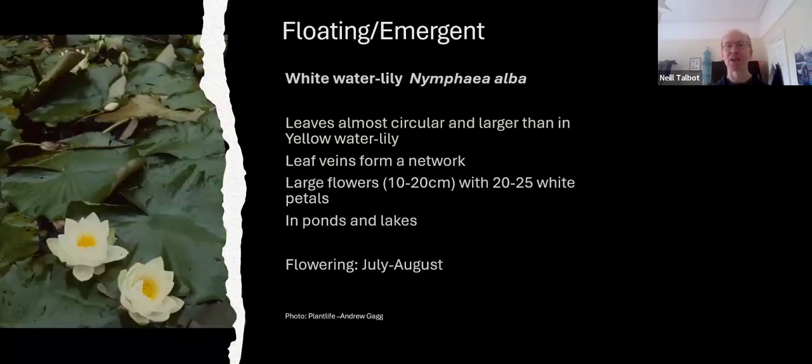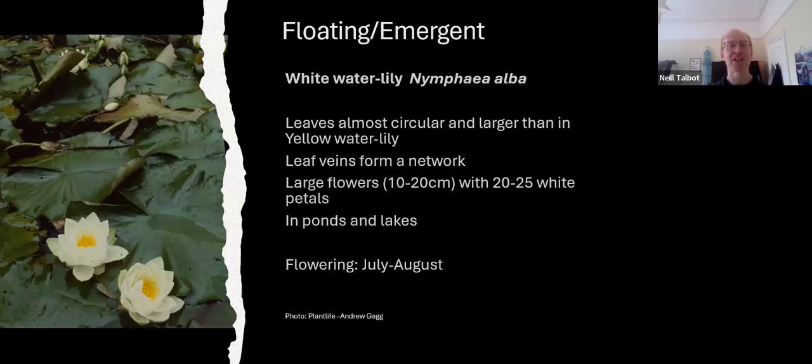Right, so I'm going to move on to some floating or emergent species. This is one of the two common native species of water lily, the white water lily, Nymphaea alba.